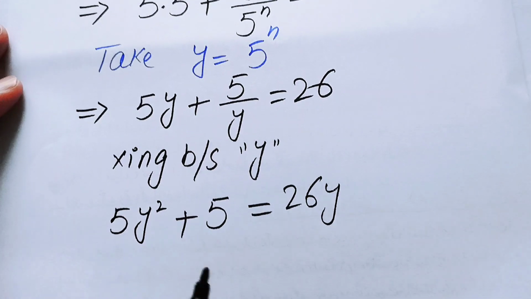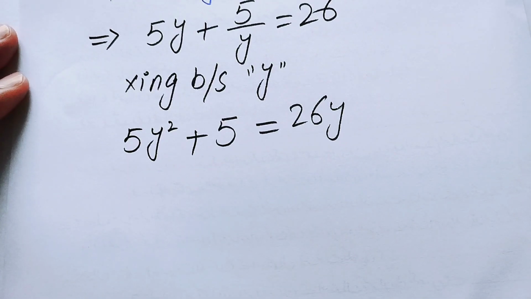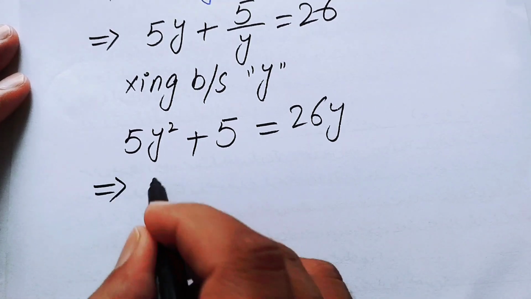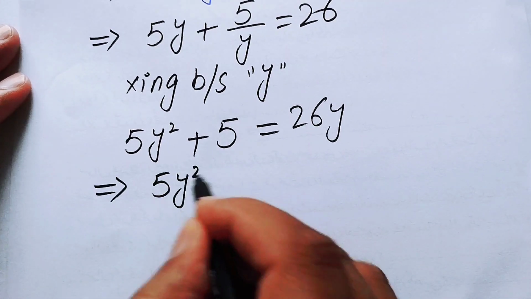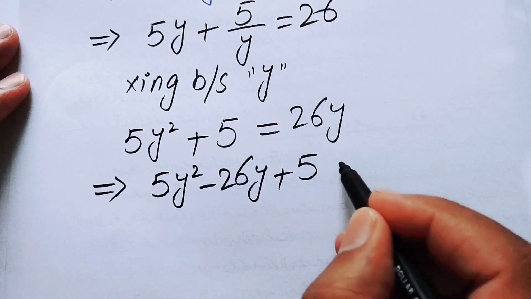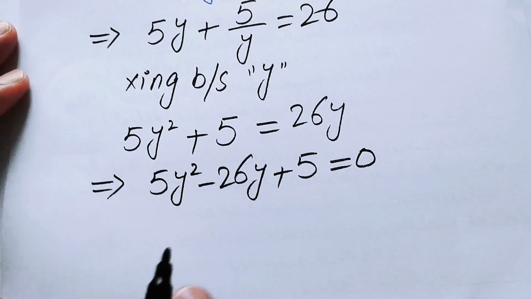Similarly we will rearrange the terms, and now we move this 26 to the left hand side, and you get 5 times y squared minus 26y plus 5 is equal to 0.